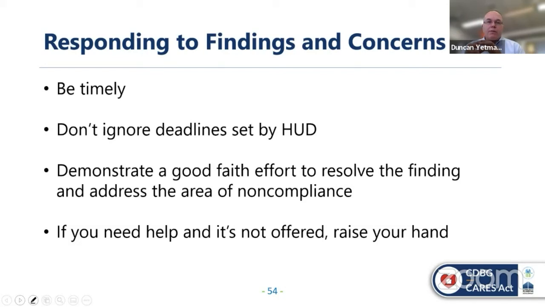HUD is not going to come down on you with a gotcha or a penalizing type of mentality. You're our partner in making sure that the congressional intent of the CDBG-CV program is followed and is implemented, and that the program succeeds. So we do want to work with you on resolving findings and concerns.